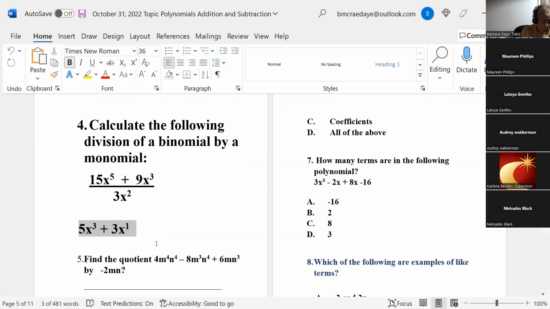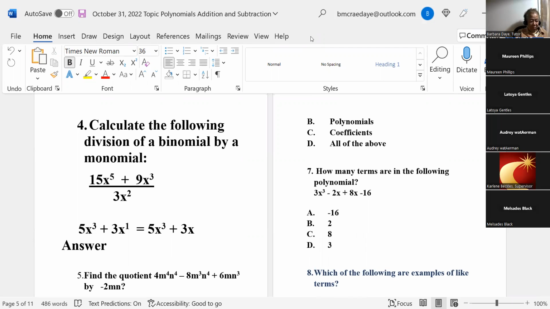You could leave the 1 off. Both answers are correct because they're equal. And that's your answer.